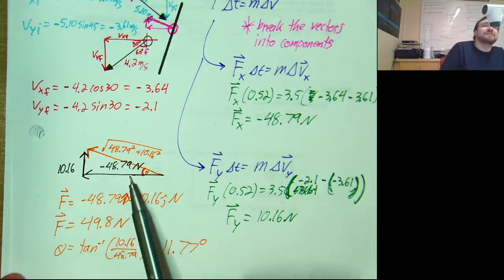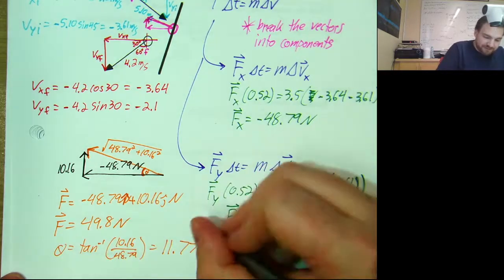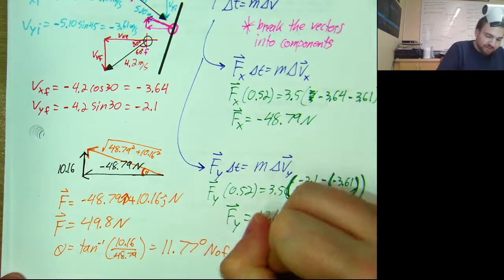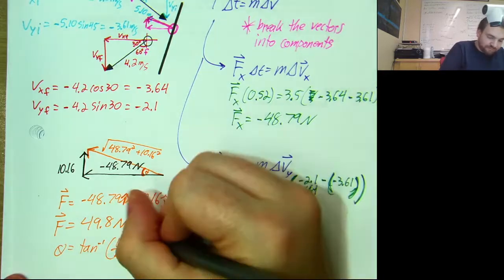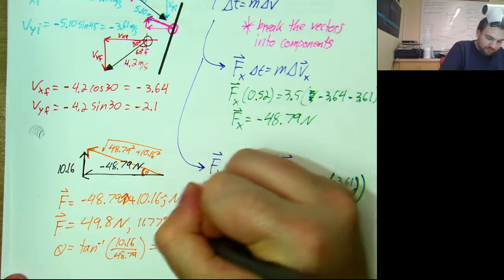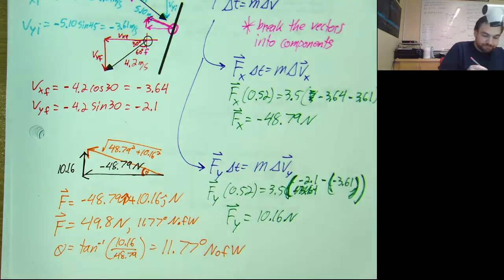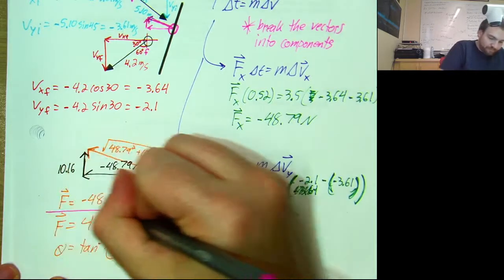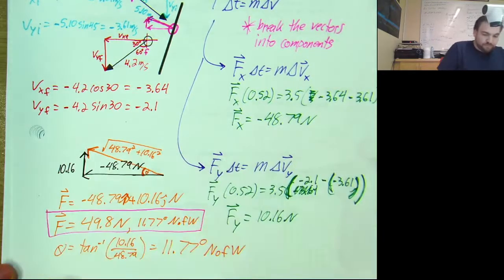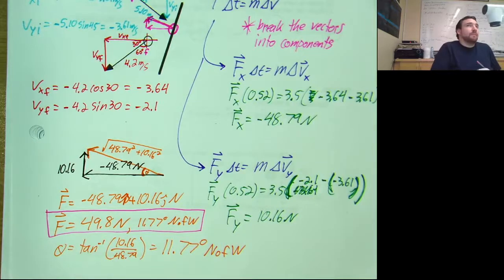This direction here is west, that is north, so that's 11.77 degrees north of west. Yeah, because of the negatives.